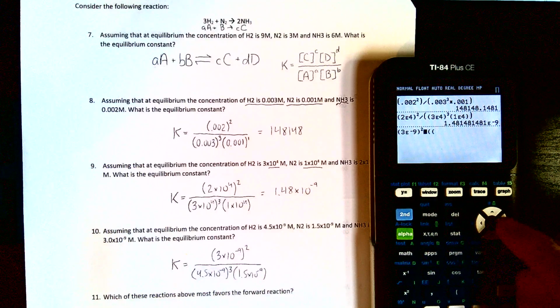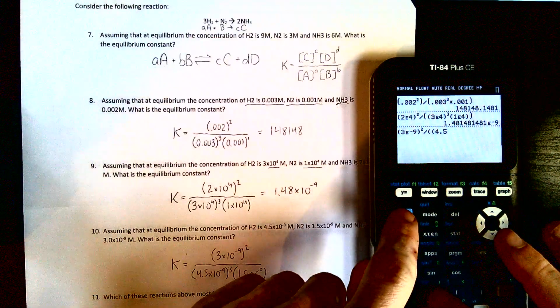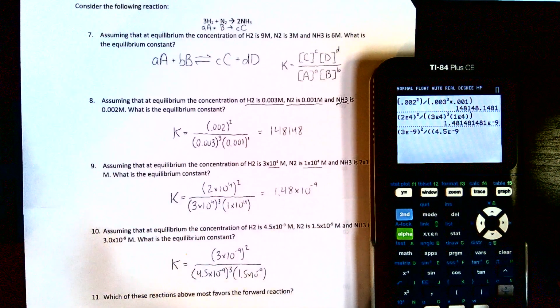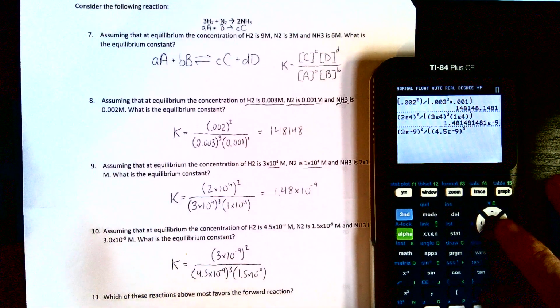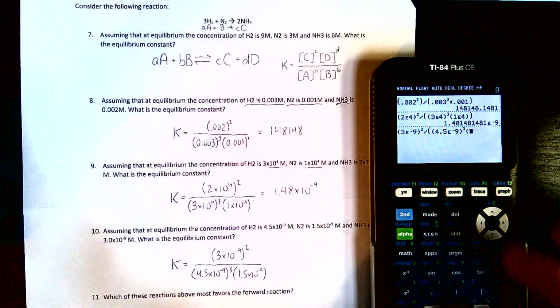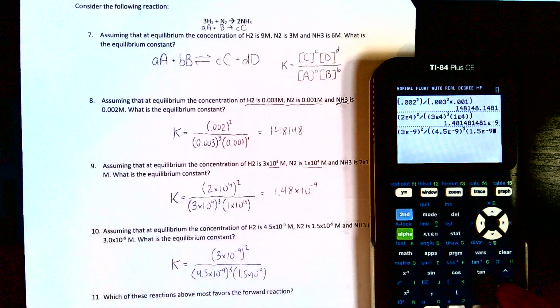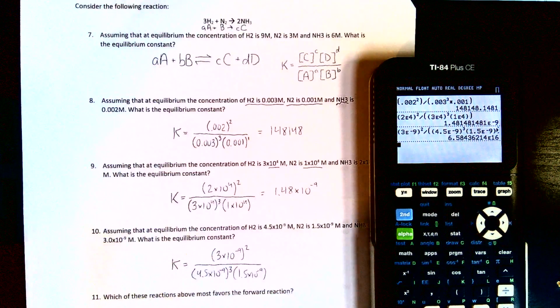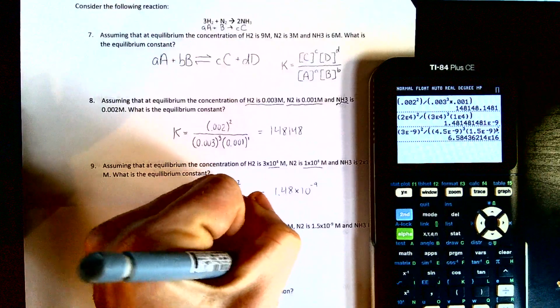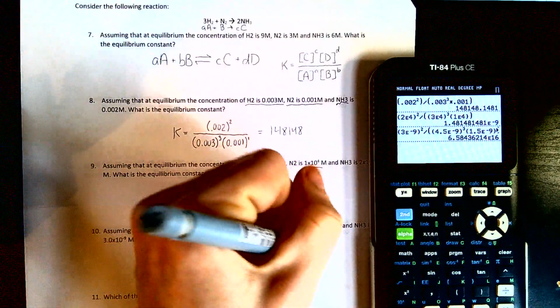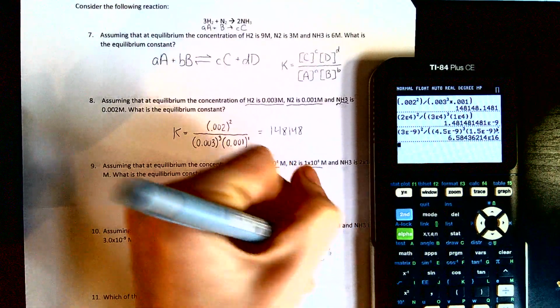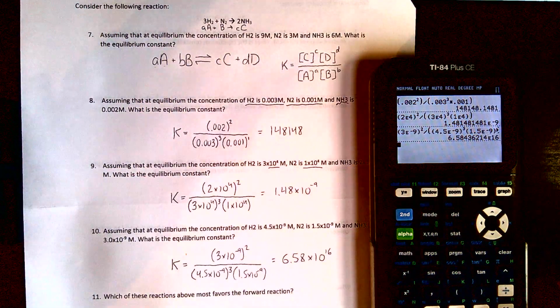Remember, this one is for the entire bottom, and this is for that first term, the A term. 4.5 times 10 to the negative 9 cubed times 1.5 times 10 to the negative 9, close, close, answer. .58 times 10 to the 16.